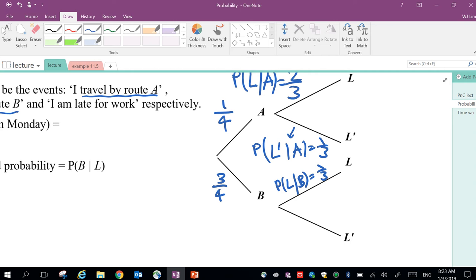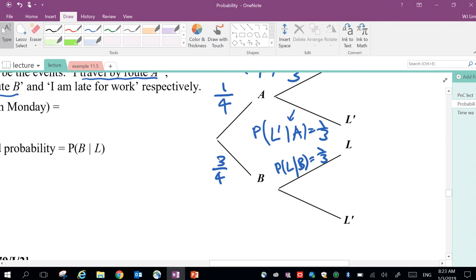This is the last sentence of the example. And this is probability L prime given B, which is going to be 2/3. I write down the conditional probability, like probability L prime given B, so that you understand that this is a conditional probability.